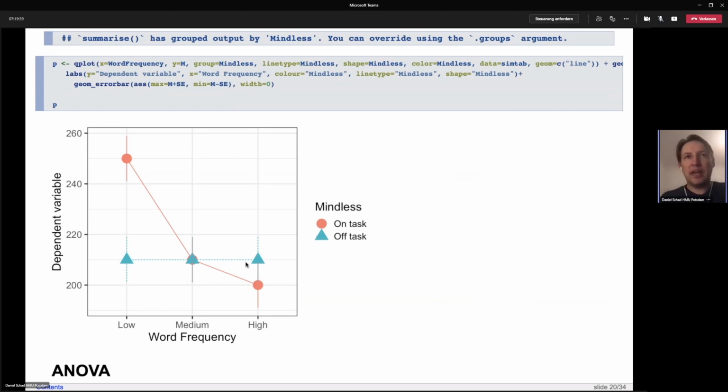Sometimes what people do is they have an experimental manipulation with high, low, or medium word frequency in one target location. So you're not looking at all words, and then you could have word frequency as a continuous variable, as a covariate. But you could also have an experimental setup where you have the same sentence, but one word is exchanged, and in one situation it's a high frequency word, once it's a medium, and once it's a low frequency word. So you could have more experimental control that it's really word frequency and not the position in the sentence or something like that.